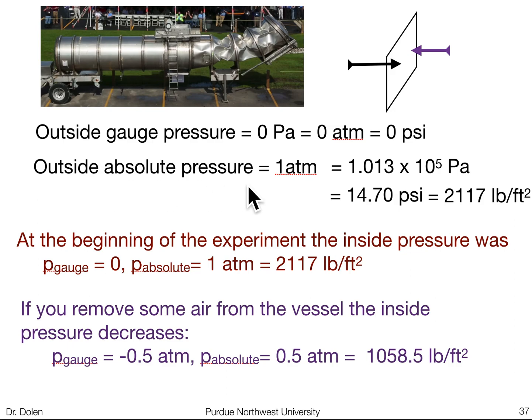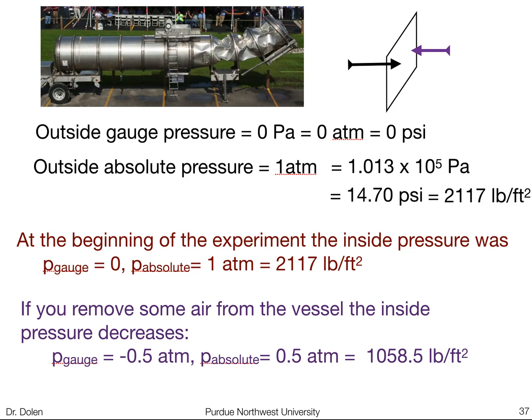But in absolute pressure, the actual outside pressure is 1 atmosphere, or 1 times 10 to the 5th pascals, or 14.7 pounds per square inch, which, if you do the math, corresponds to 2,000 pounds per square foot. Right? So absolute pressure of the atmosphere is enormous, 2,000 pounds per square foot of pressure. And this is the pressure that's affecting you right now. This is the pressure that is acting on your body. It's acting on the walls of your house. Luckily, it's acting equally on the inside and the outside of the walls of your house.